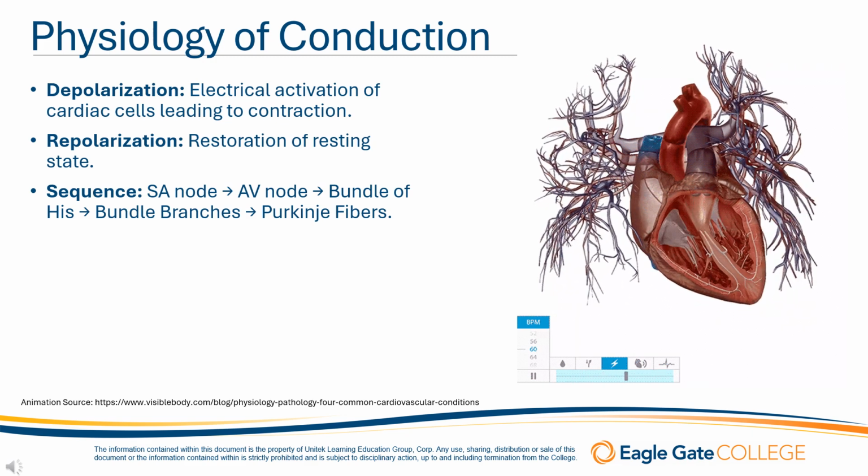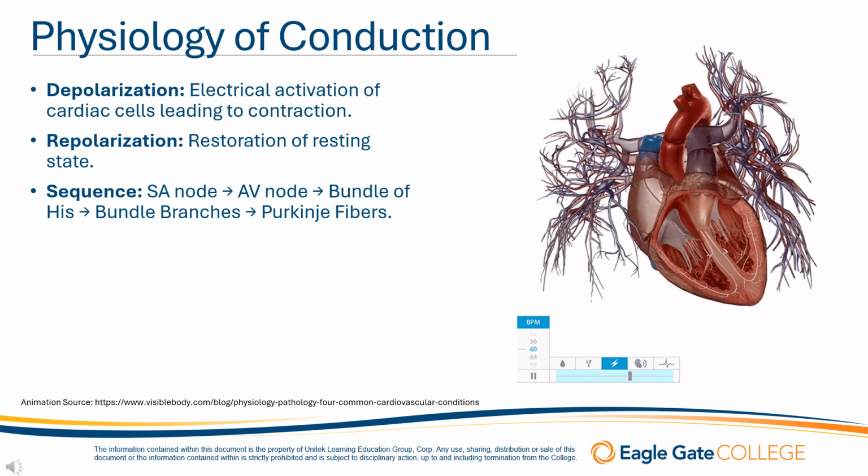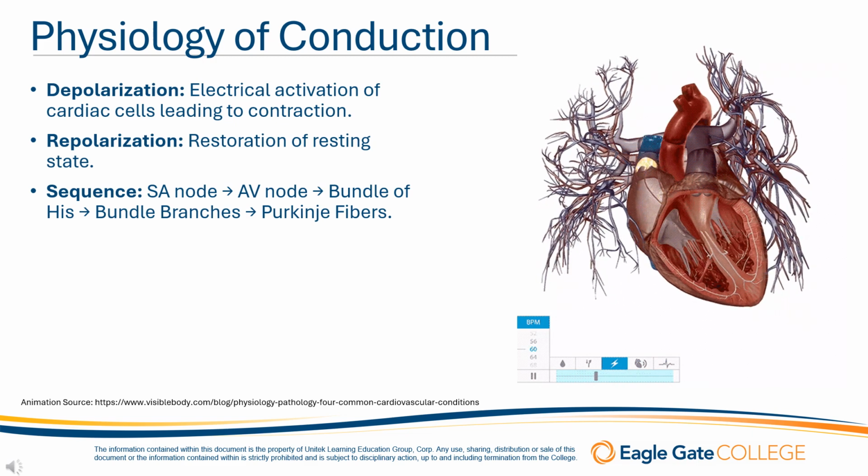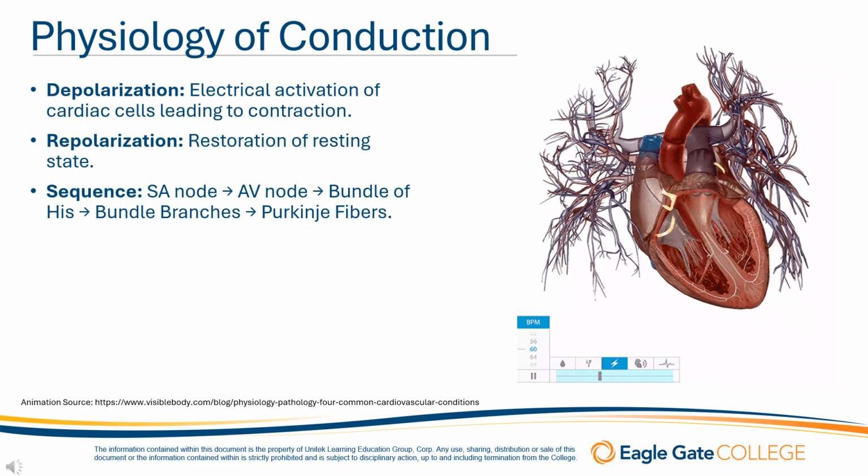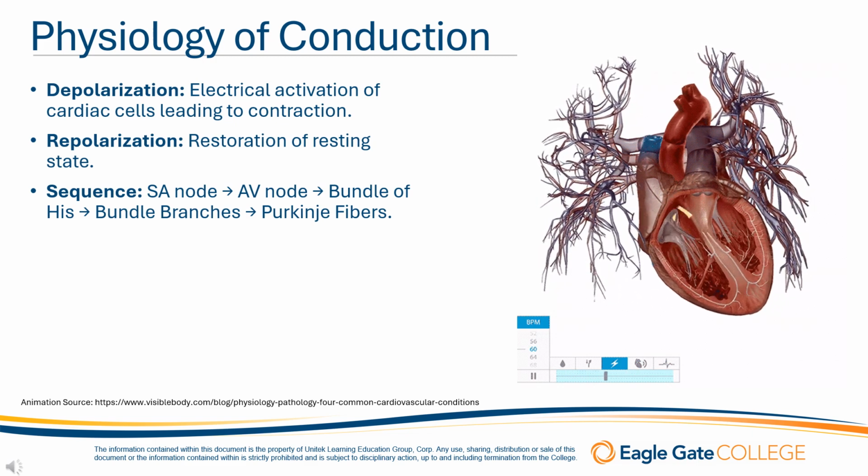To understand why depolarization occurs, it's important to know about the ion exchange that takes place in cardiac cells. In their resting state, cardiac cells have a higher concentration of potassium ions inside and a higher concentration of sodium and calcium ions outside.